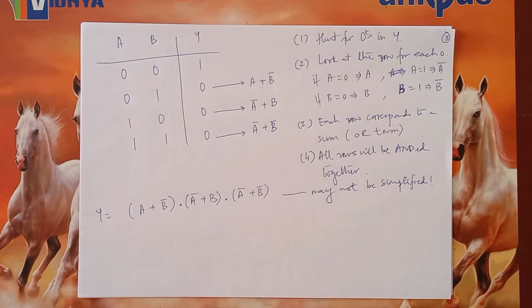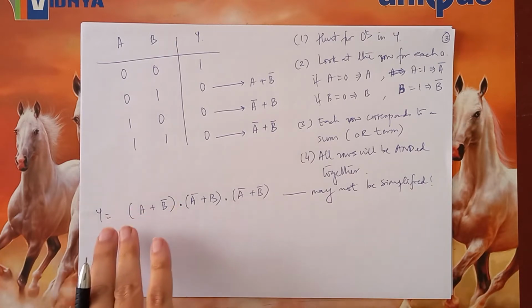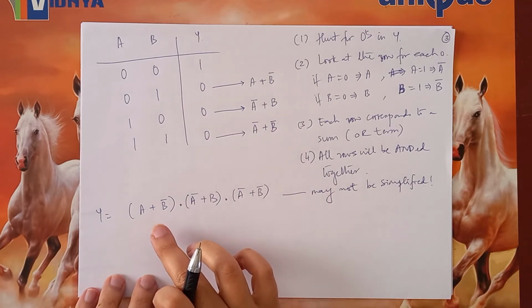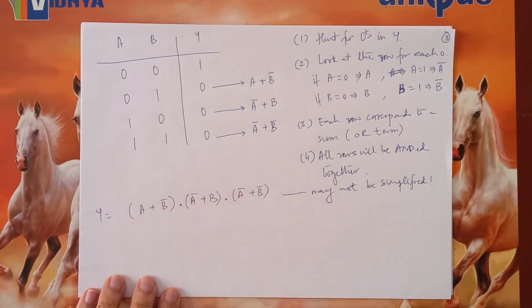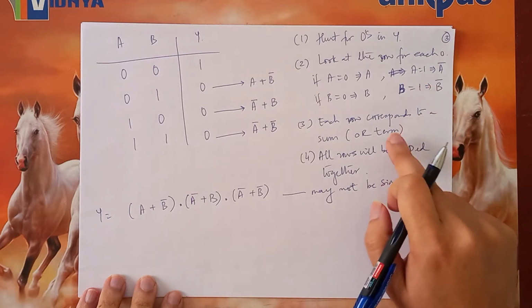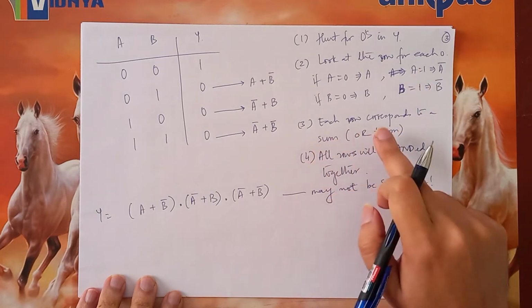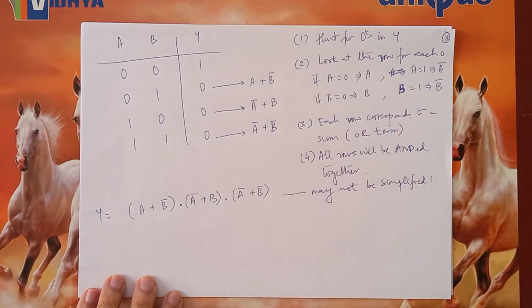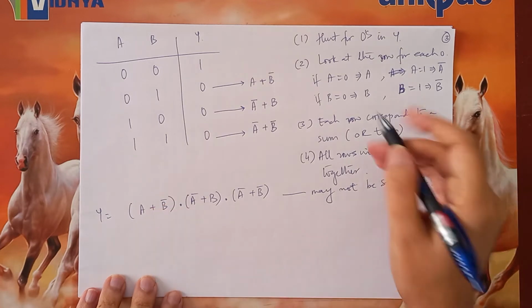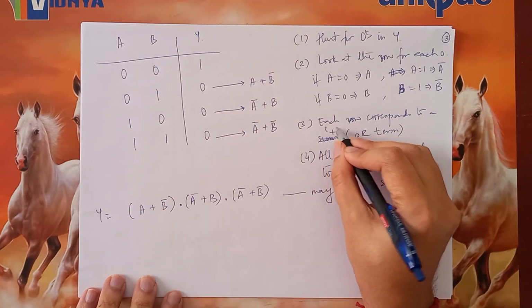So something interesting to note over here is that each term is a plus term. Notice over here, although I say the word sum, it is actually OR. It is not addition. So rather I should say plus.